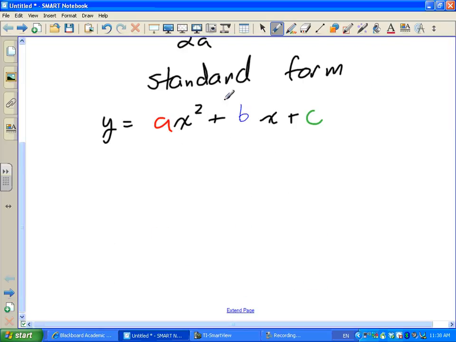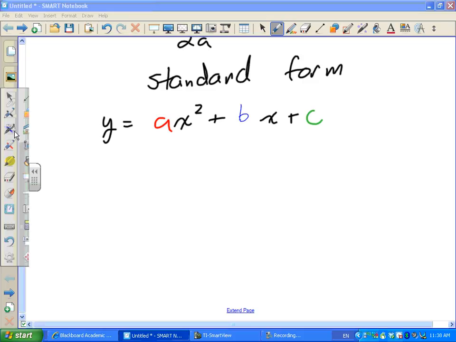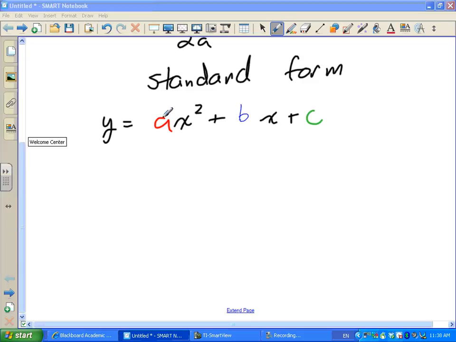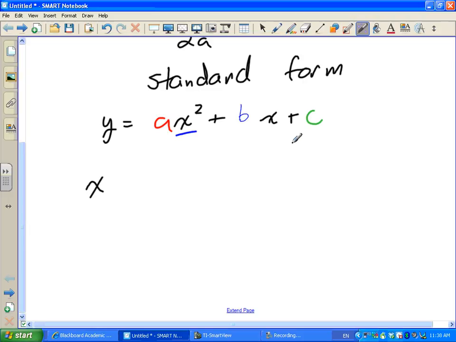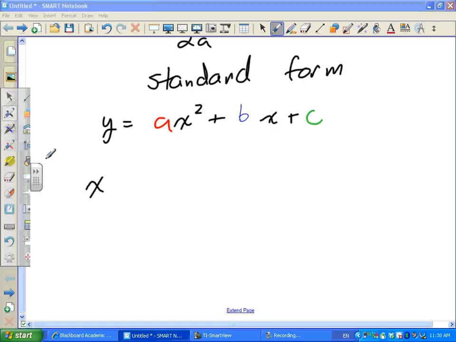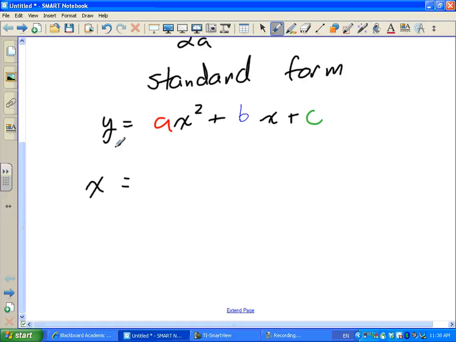Now, from the standard form, I'm going to show you exactly where each of the coefficients go into the quadratic formula. So the quadratic formula says x, and that x is referring to the values of these. All they've done is isolated x outside the equation. They've done all the legwork for you, the algebra, and discovered that x is equal to, I'm going to fill in the a's and b's in a second.